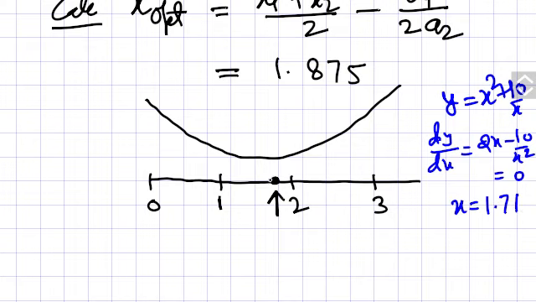So by approximation it is giving you this value, and your real actual optimum is at this point.